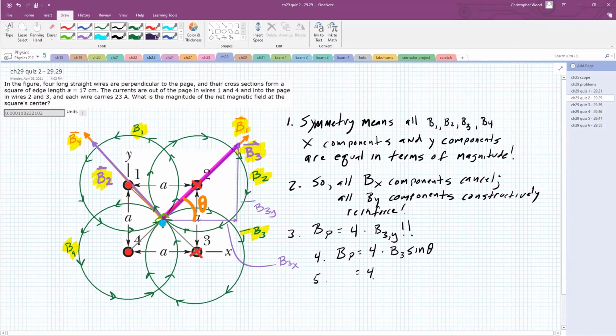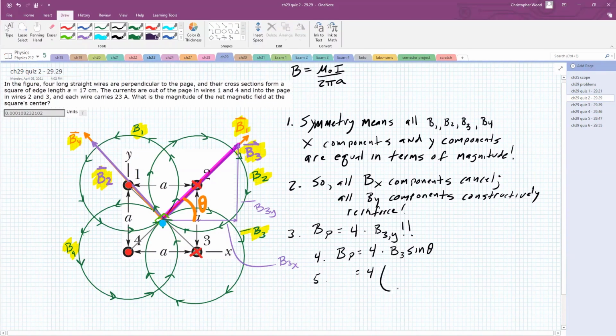What is 4 times B3? Well, B3, again, remember, this is sort of a cornerstone relationship. The magnetic field due to a current carrying straight wire is mu naught, the permeability of free space, times the current flowing through that wire over 2 pi A, where A is the distance from probert to the source wire.